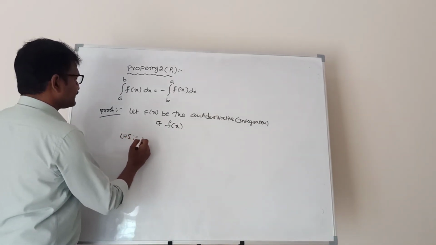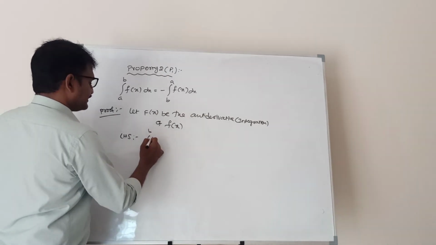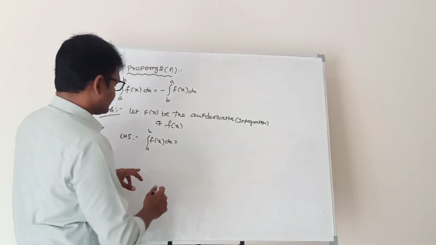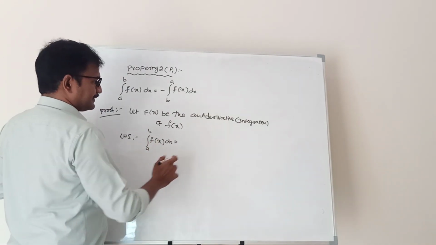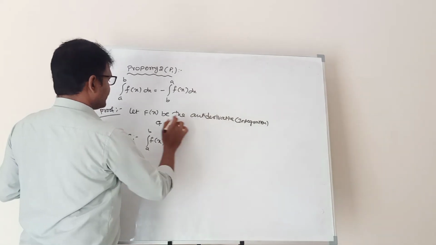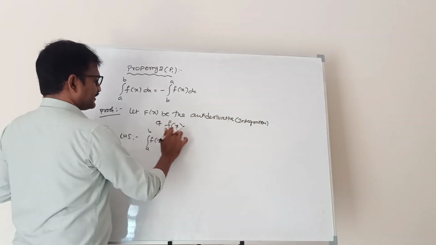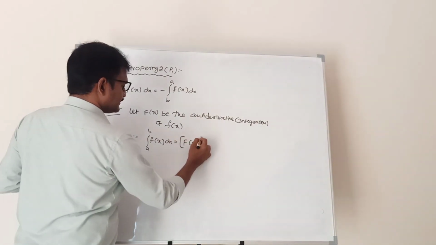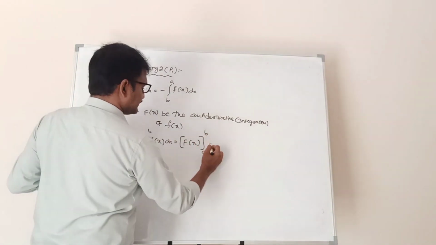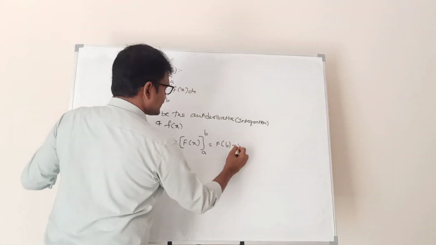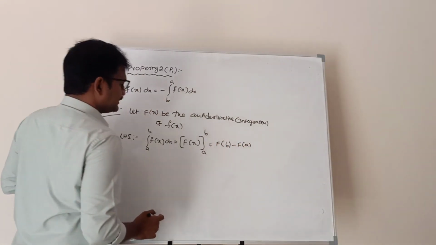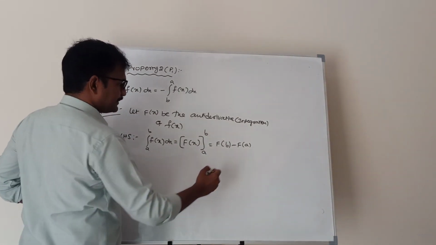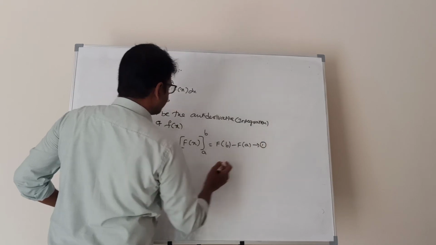The integration from a to b of f of x dx is equal to capital F of x with lower limit a and upper limit b. If you replace x with the upper limit and lower limit, you will get F of b minus F of a. This is equation number 1.